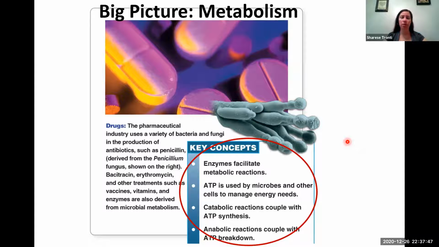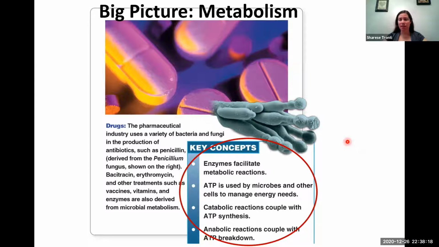So through microbe metabolism, we can produce vaccines. Also, the microbes in our gut help to break down nutrients, and they help to release certain vitamins that we would not be able to get on our own. And it's through their metabolism that they're able to do that. Also, different enzymes that we use come from microbial metabolism.